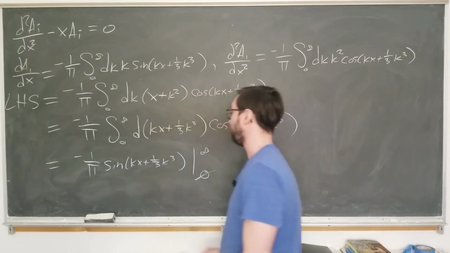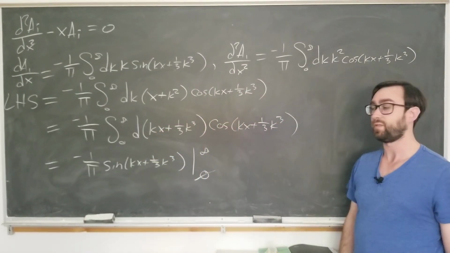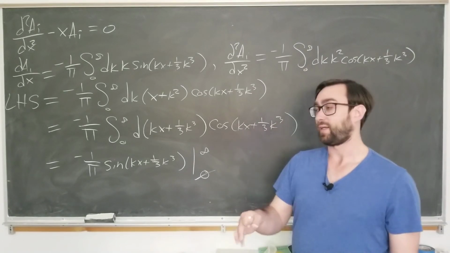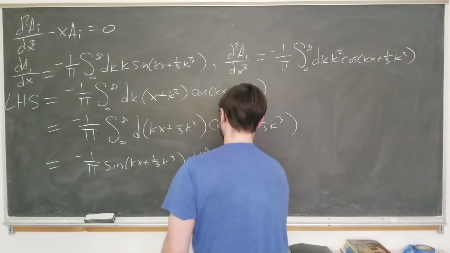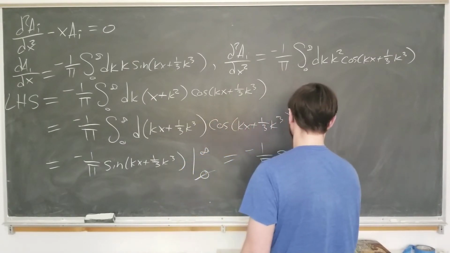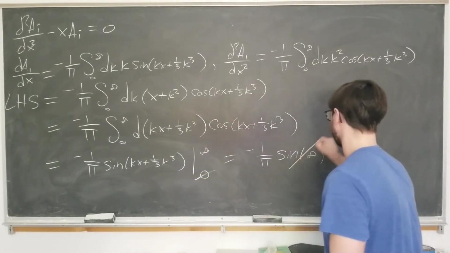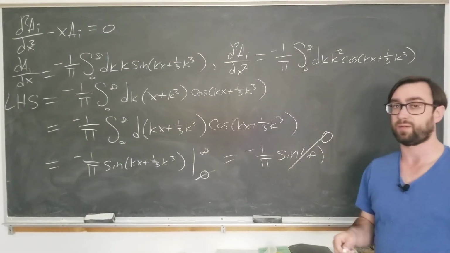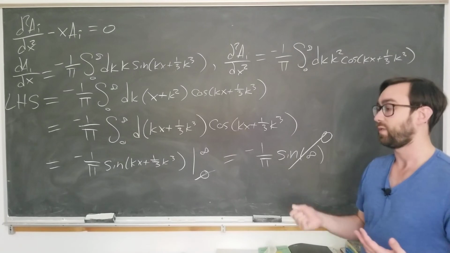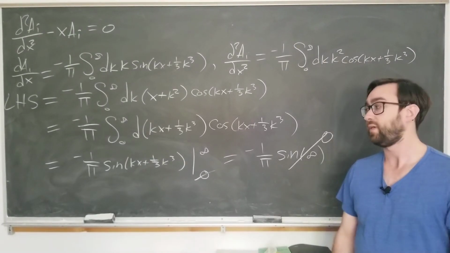So the 0 endpoint is not going to cause us any difficulty. It's 0. The infinity one, and the mathematicians are not going to like this, is minus 1/pi sine of infinity, which as physicists we are going to say is 0, which we know it's not, but because it oscillates between -1 and 1, its average value is 0.